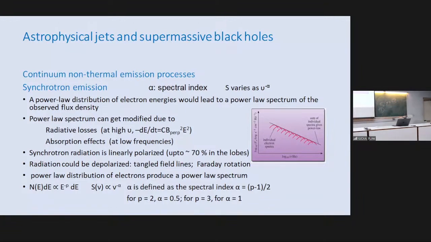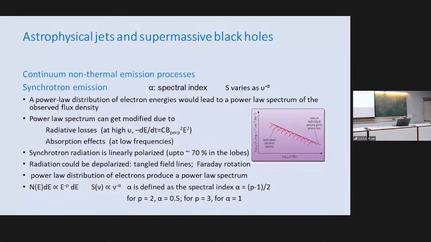The reason goes back to the earlier statement we made: a higher energy electron would emit more energy at a higher frequency compared to one at low energy. So if I had electrons of a lower energy, they would emit at a lower frequency. If I had electrons at a higher energy, they would emit at a higher frequency.